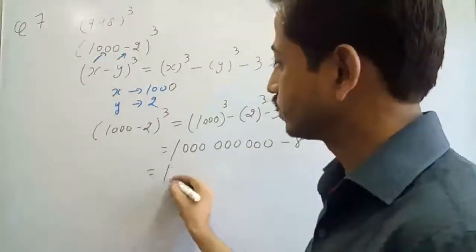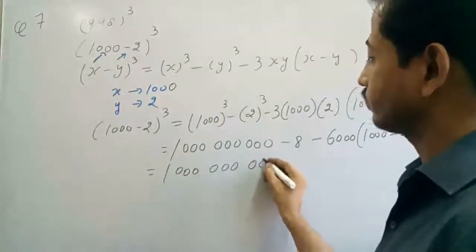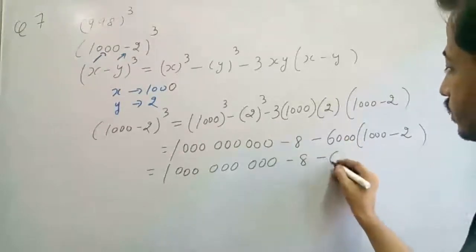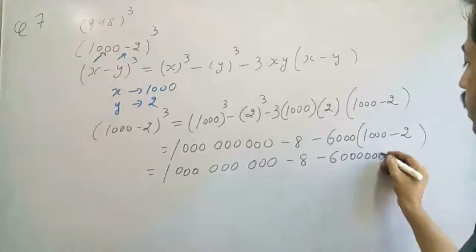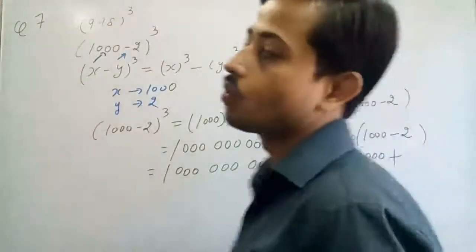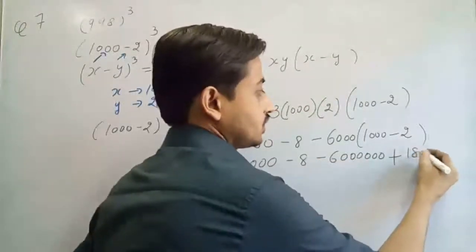So we write the first term as it is, minus 8. Now multiply 6 into 1, that is 6. Negative negative becomes positive. 6000 into 2 we get 18,000.